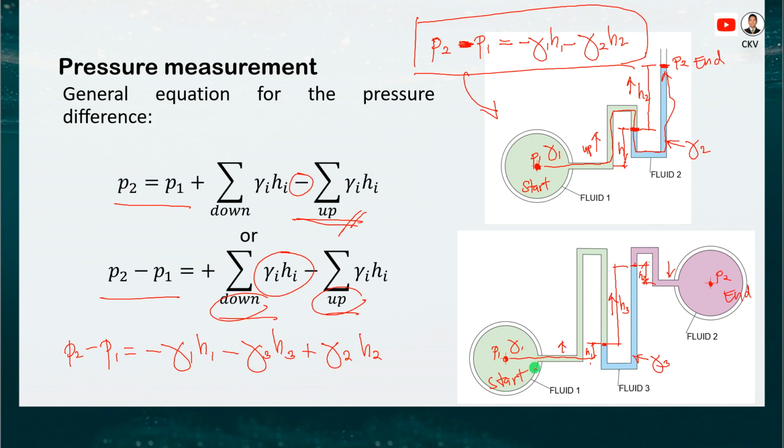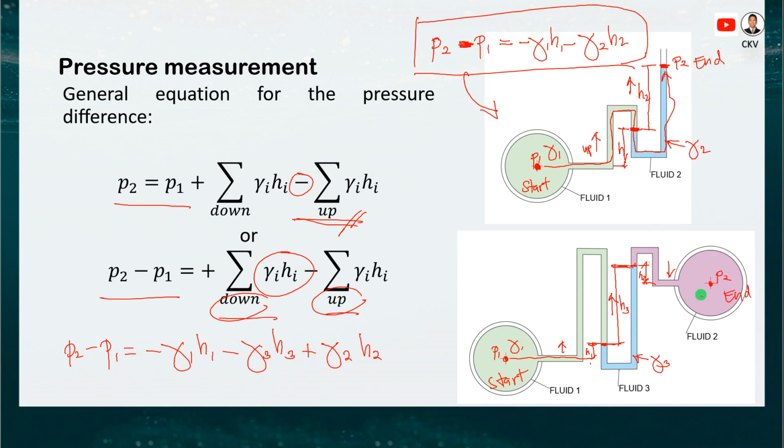Okay, again fluid number 1, it's going upward in difference in elevation. The starting point is lower than the end point, so we have a negative sign. Then for fluid number 3, the starting point is lower than the end point, so that's still going upward, which is negative.